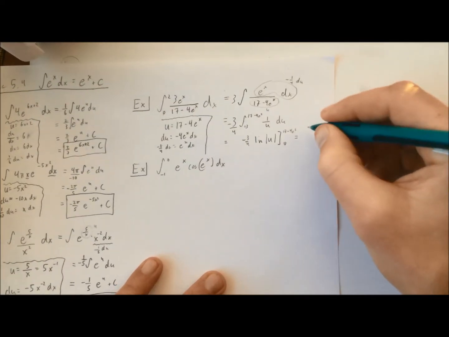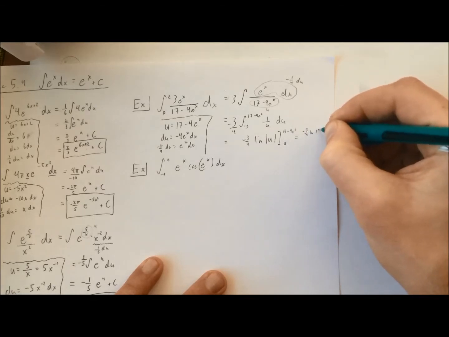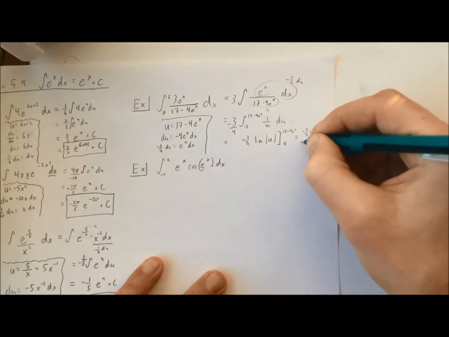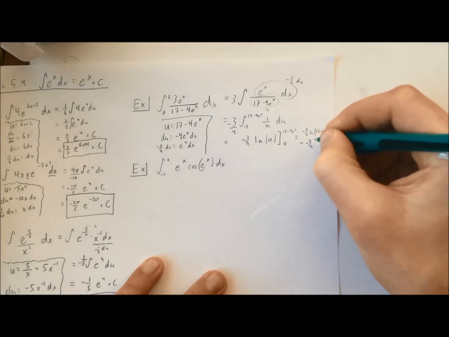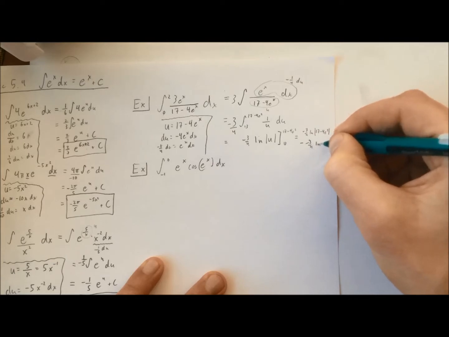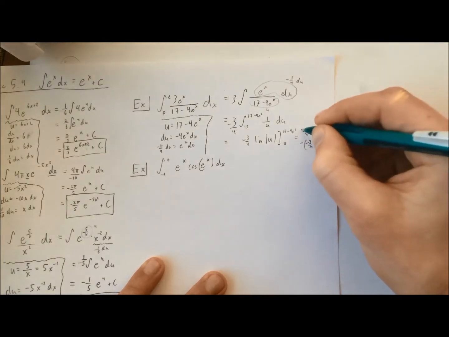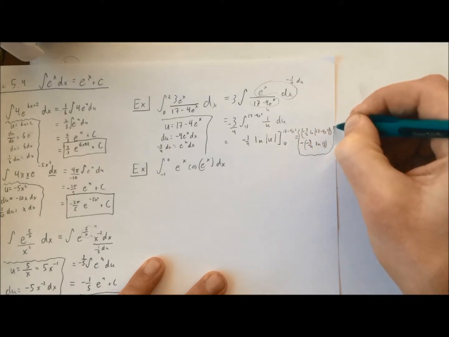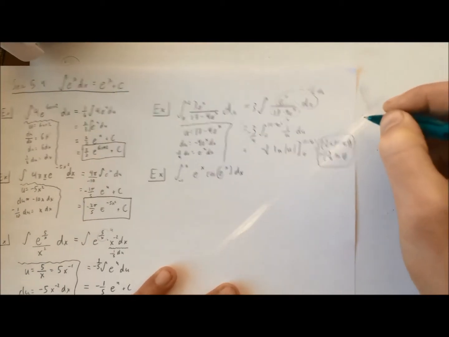And that's going to give me the following number. Negative 3/4 natural log of 17 minus 4e squared, minus negative 3/4 the natural log of 13. So not a pretty number there, but it's what actually happens.